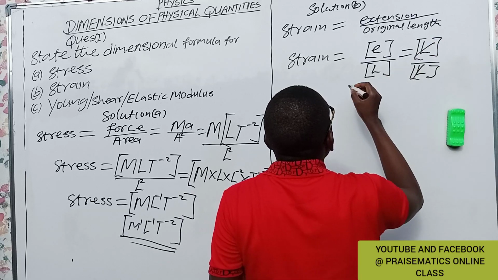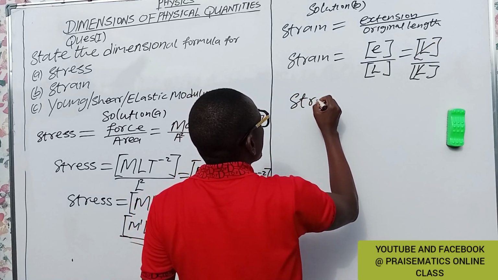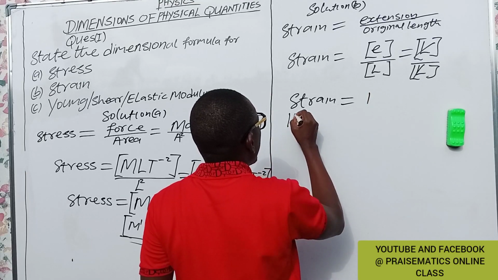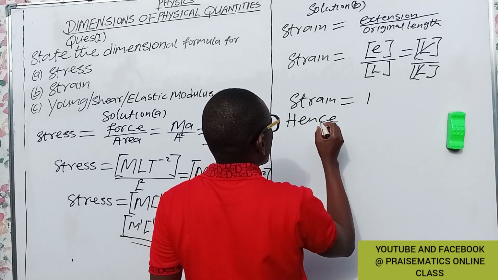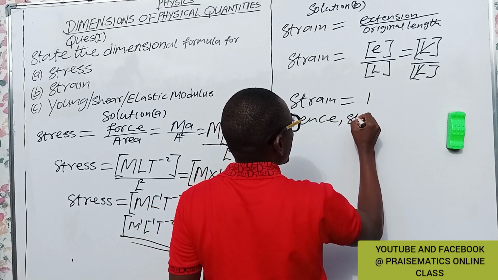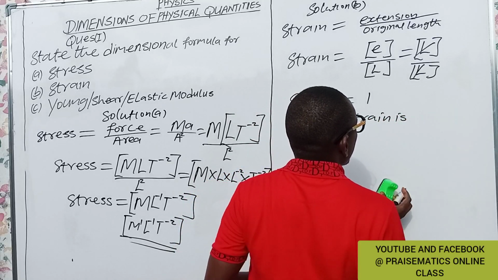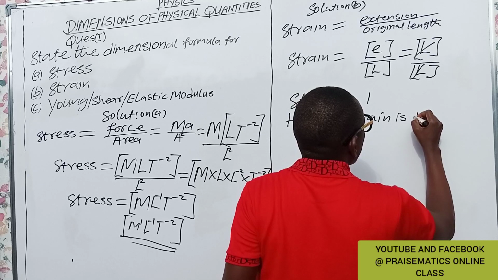Length will cancel length. The strain is equal to 1. Hence, strain is dimensionless.